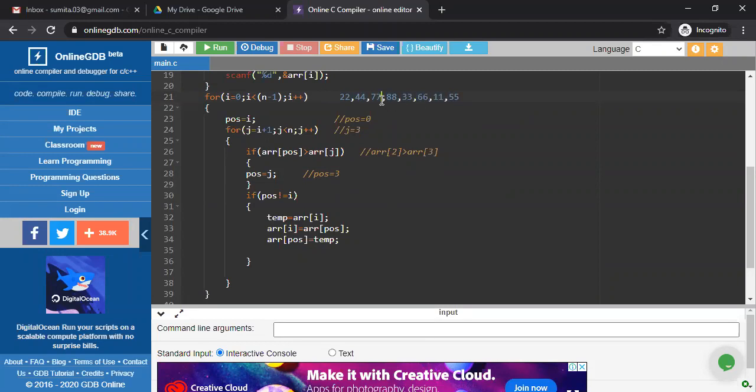Again, it will be compared with this one. No swapping there. It will compare with this one. So swapping is there. You have to check each and every time, whatever your elements are.